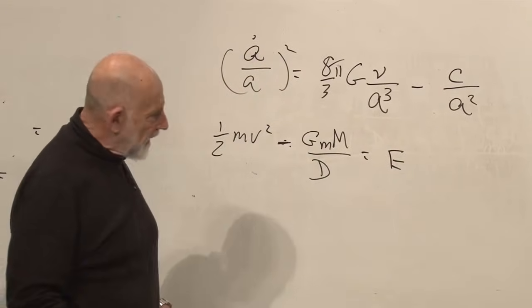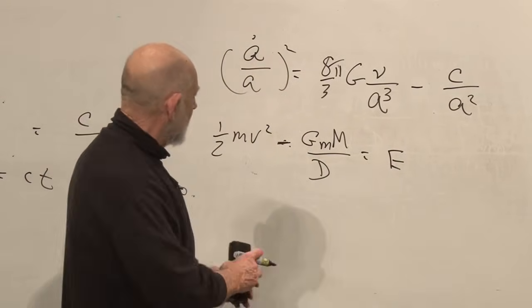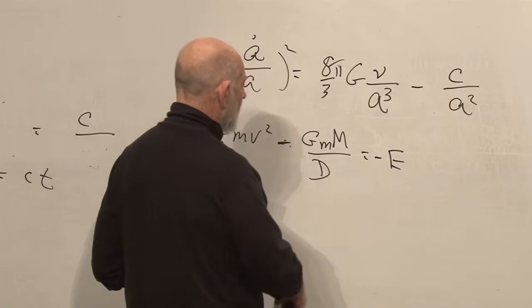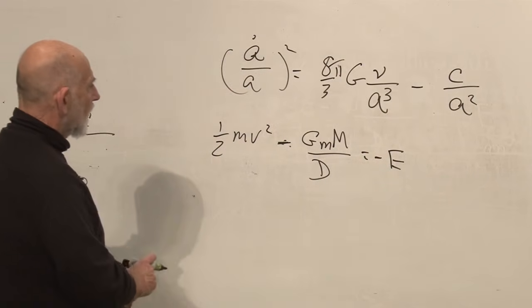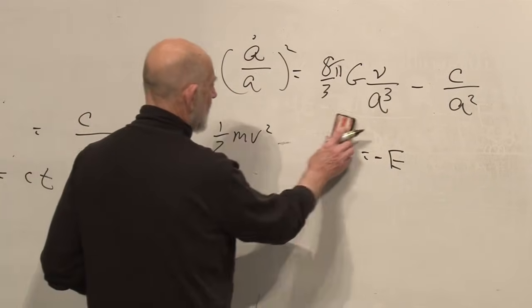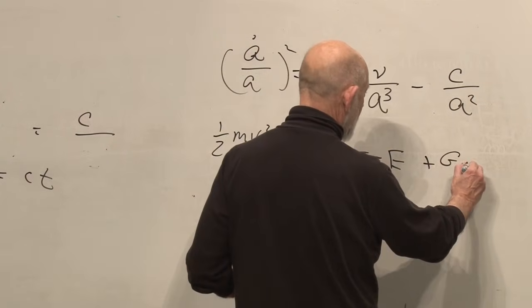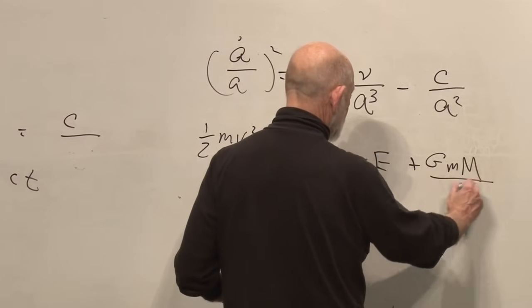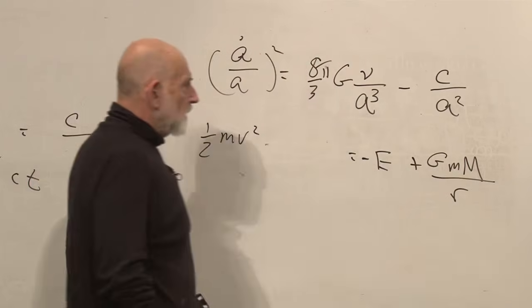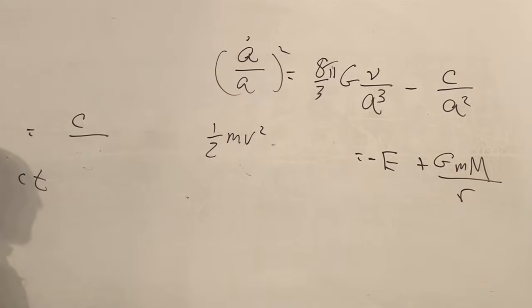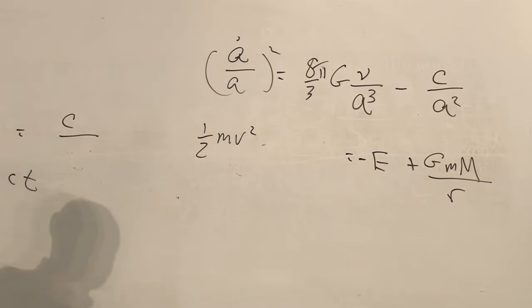If the energy is negative, let's call it minus here, then this is plus GMm over r, basically, or over distance. It's the same equation.